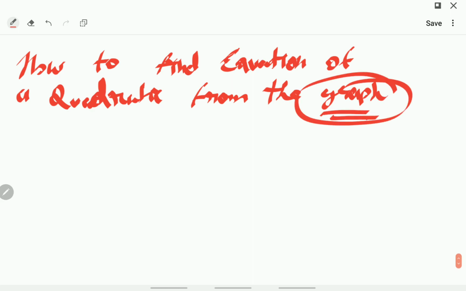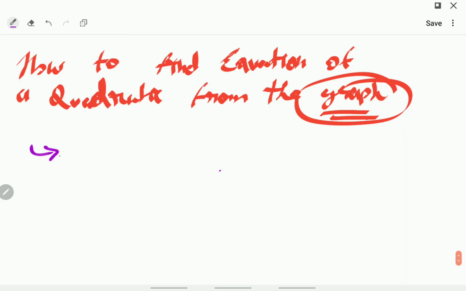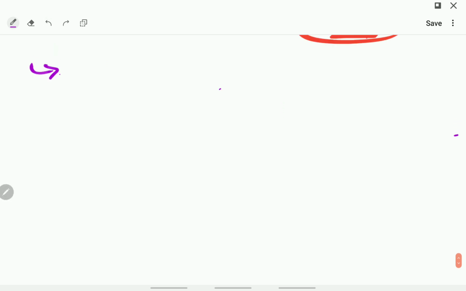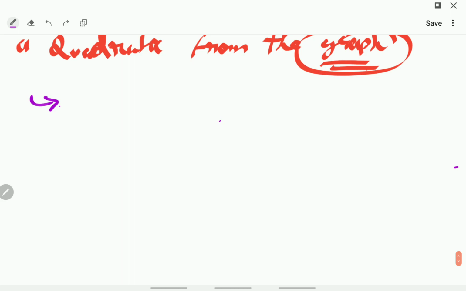So let's do that. We want to be finding quadratic equations, the equation of the graph, from the points that they give us.